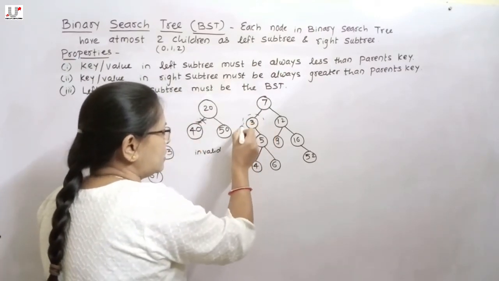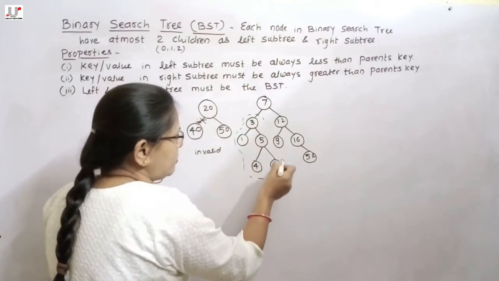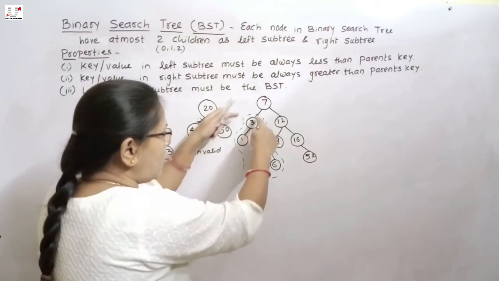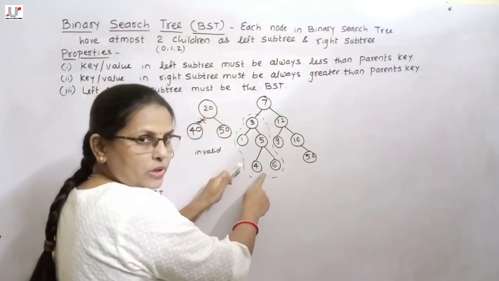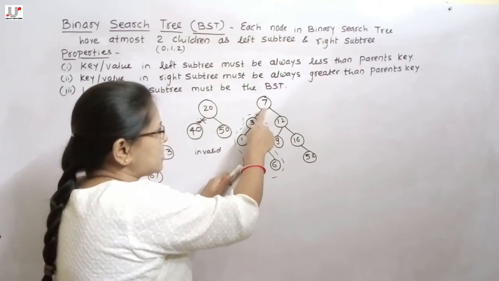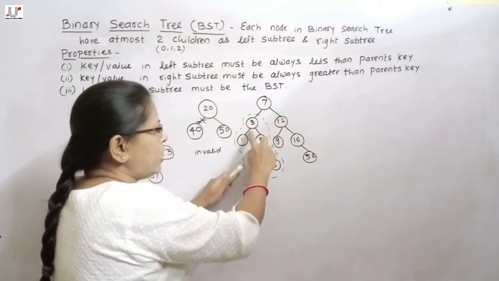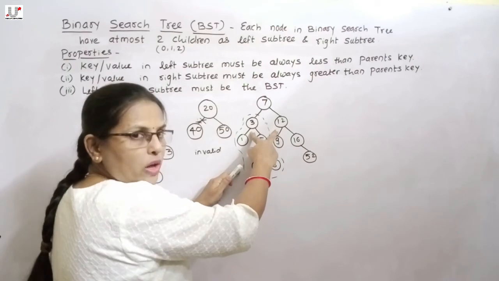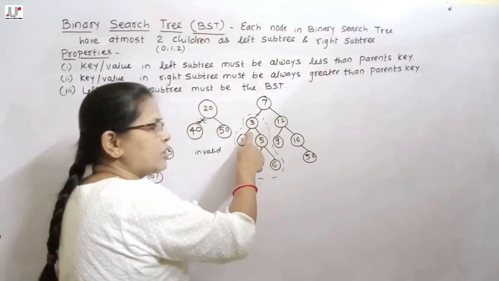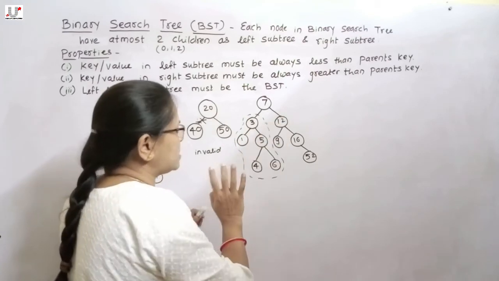Here this is the left subtree, and all the values in the left subtree are smaller than the root node. Here 7 is the root node, and 3 and 12 are the two subtrees. 3 is the left subtree for 7 and 12 is the right subtree for 7.